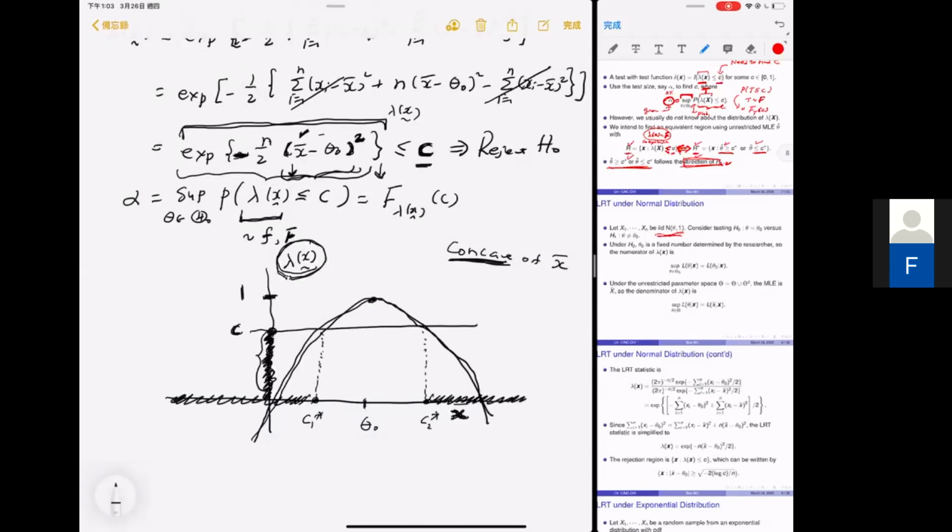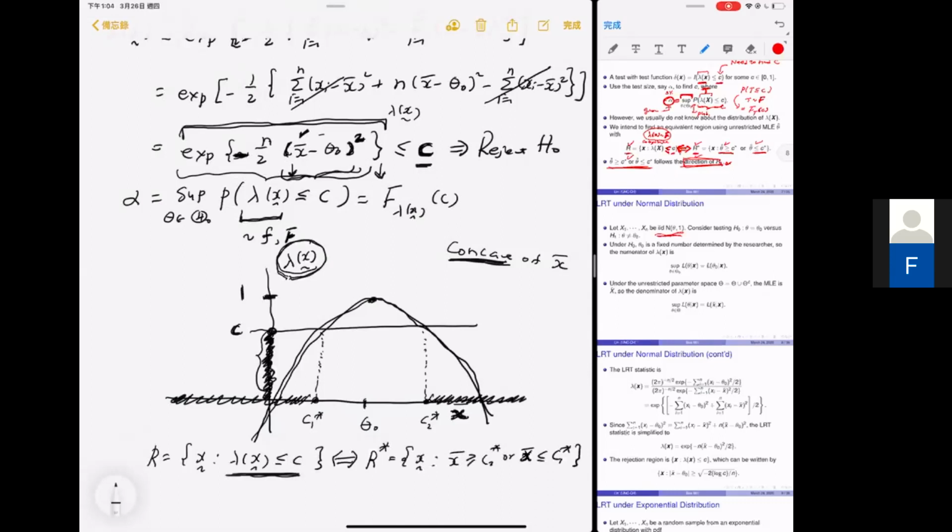This is very important. You do need to learn how to find that equivalent region. Why can lambda x smaller than c be equivalent to another test region, x bar bigger than C2 star or x bar smaller than C1 star?